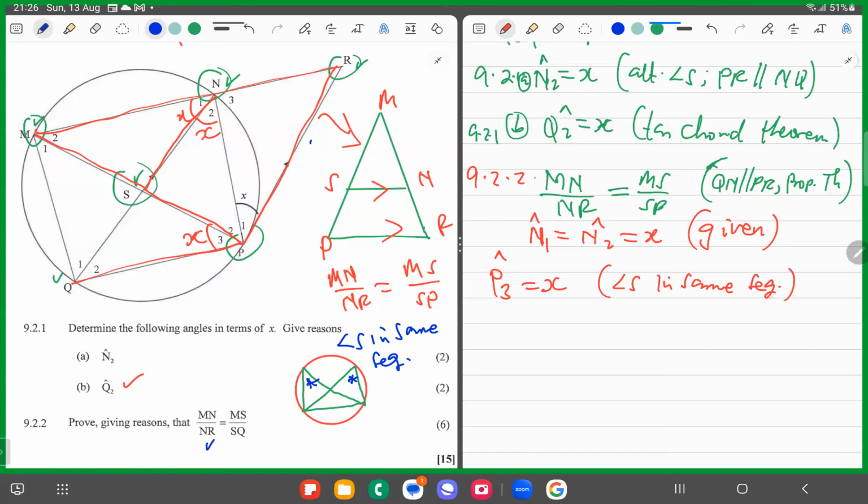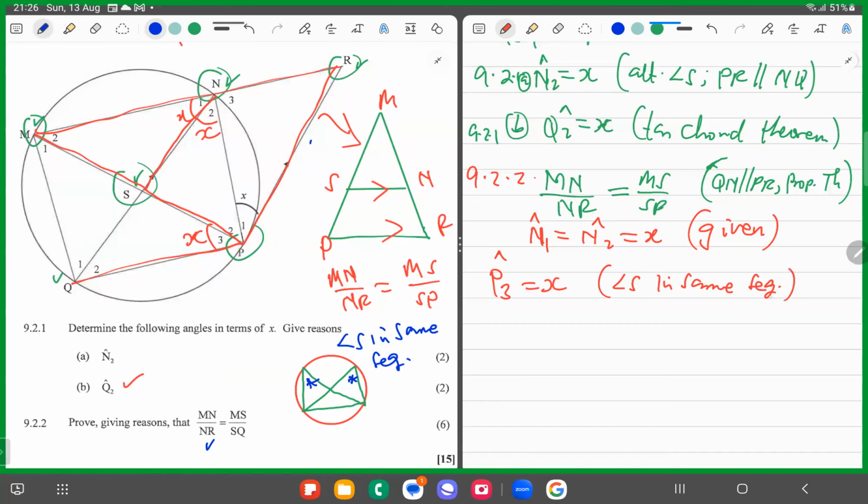Now, the next result is 10 points. The next question is angle B3 is equal to F1. You need to prove that. So we're going to look at 10.1.2. B3 equals F1. We're required to prove that.